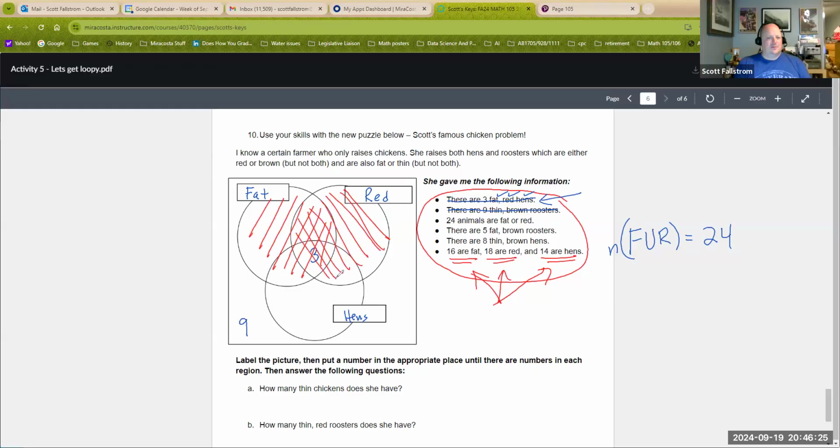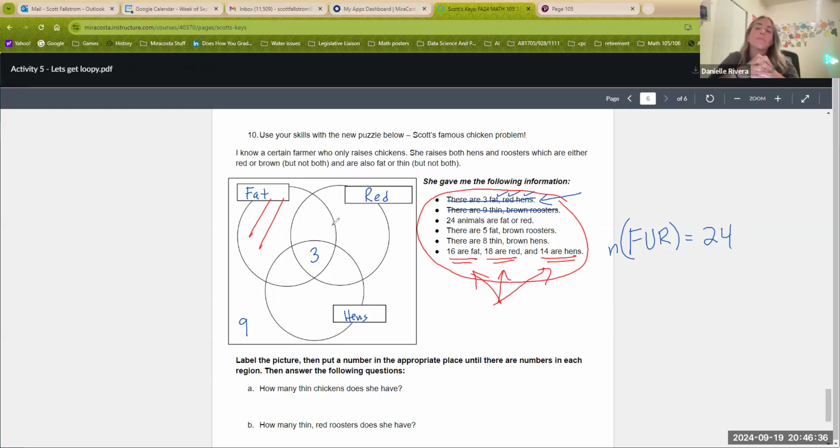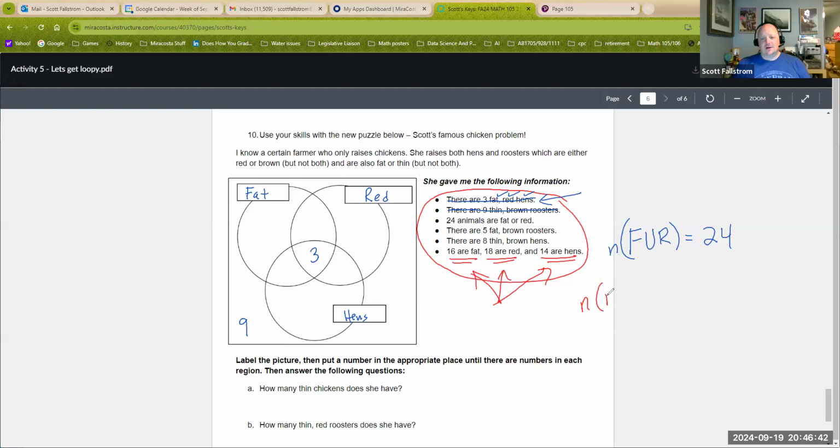The only problem, and hopefully you remember this from what we did in class, is when I shade all the fat and then I shade all the red, we get a piece that's been shaded twice. So it would need to be 21. We would need to remove that piece that was shaded twice. In class I asked everyone to come up with the equation.